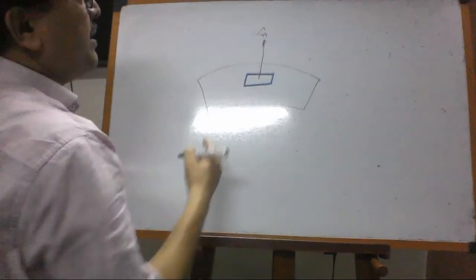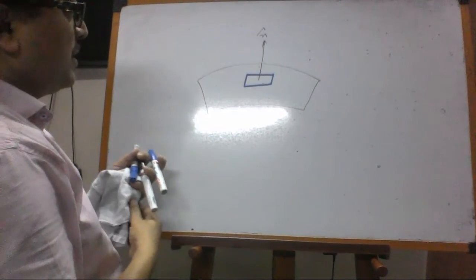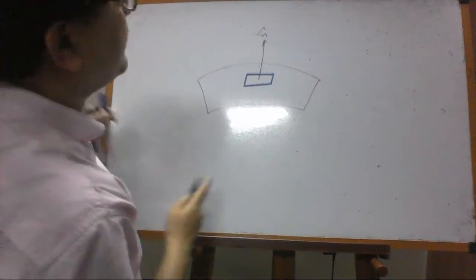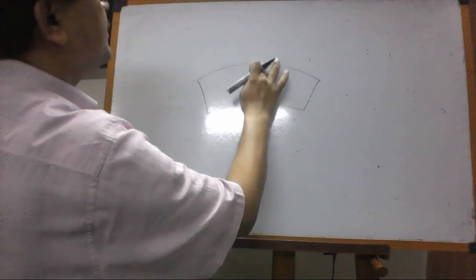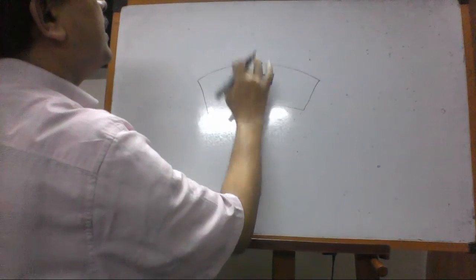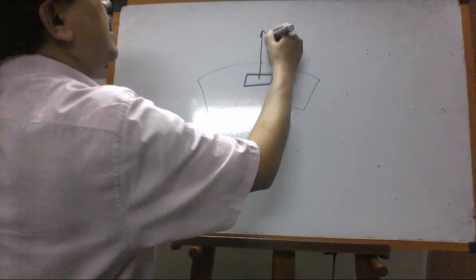This is area vector. Sometimes area in physics is considered as a vector quantity. The area vector will be directed in a direction normal to the area.